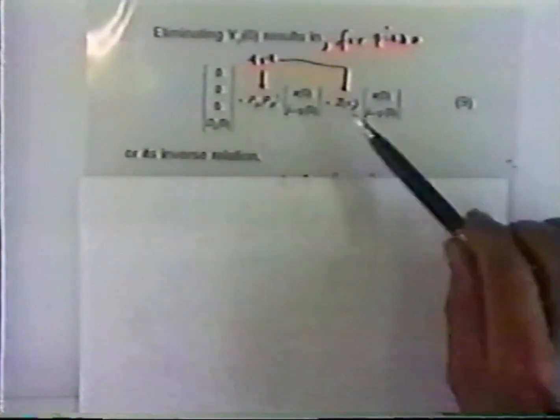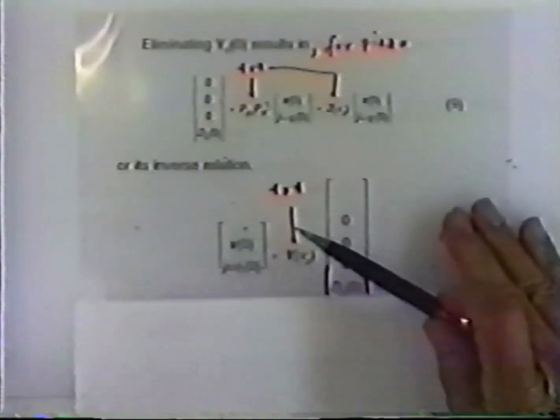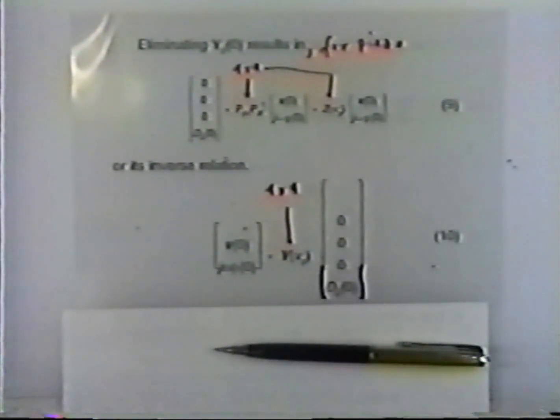So I can either write it this way, or as an inverse statement, and here something went wrong with somebody's printer, expressing the velocity field and potential in terms of the stress and the normal displacement. So this Y, big Y, is just the inverse of Z, the inverse of this 4 by 4 matrix.